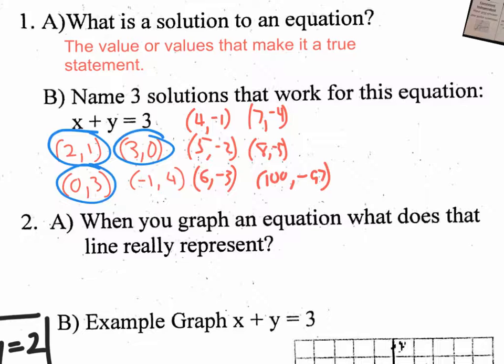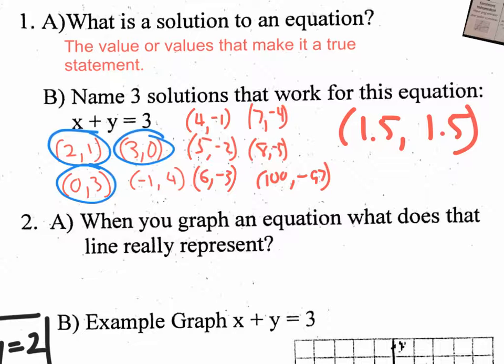Well, in order to answer this question, this equation right here, x plus y equals 3, we just said, yeah, here are 3 answers, but we know that there's an infinite amount of answers. I mean, you don't even have to go with regular whole numbers. You could actually say the coordinate (1.5, 1.5), because 1.5 plus 1.5 is 3.